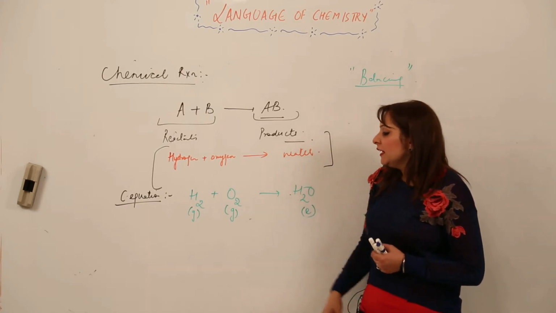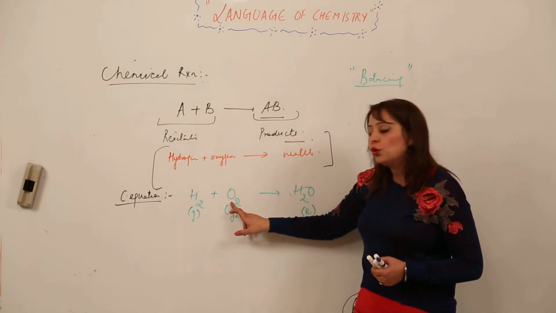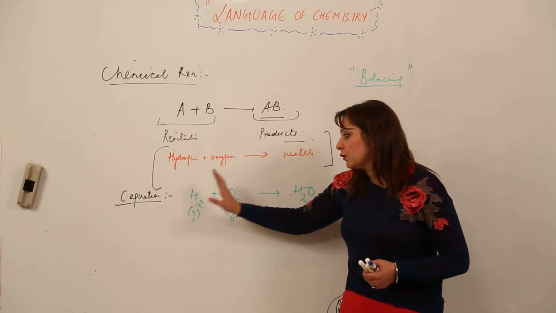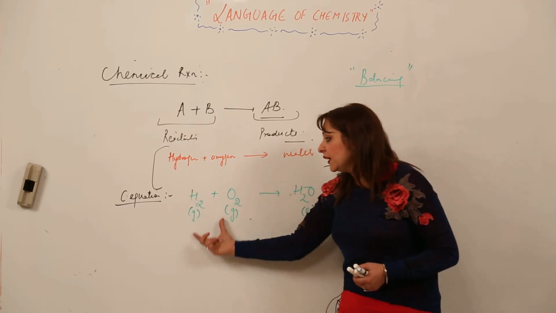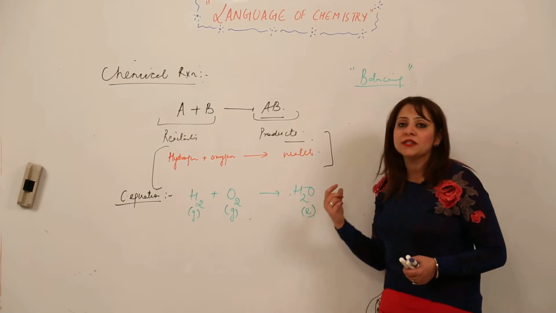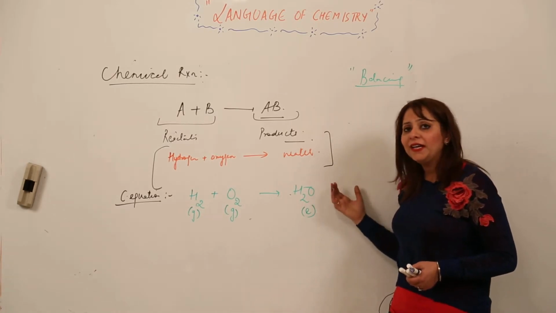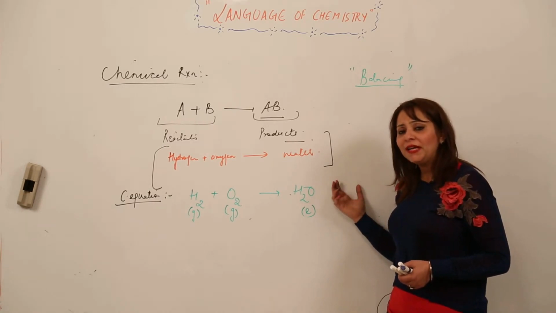So in this case, on the left side there are two hydrogen atoms and two oxygen atoms. But when we compare with the right side, we have two hydrogen atoms and one oxygen atom. So can you think, is this fine with that law? Does it obey that law?